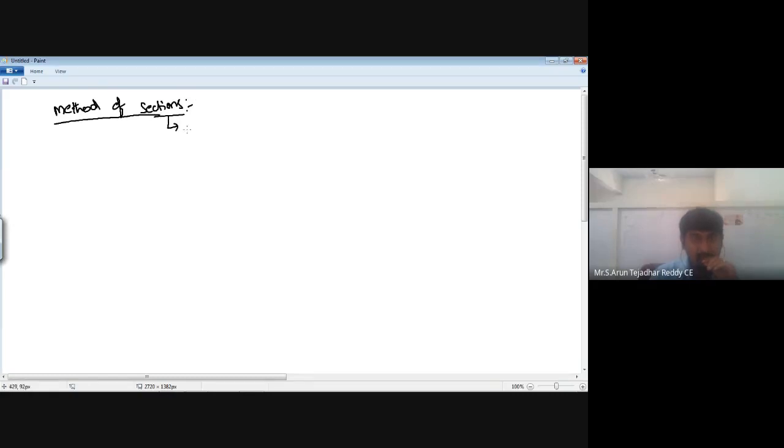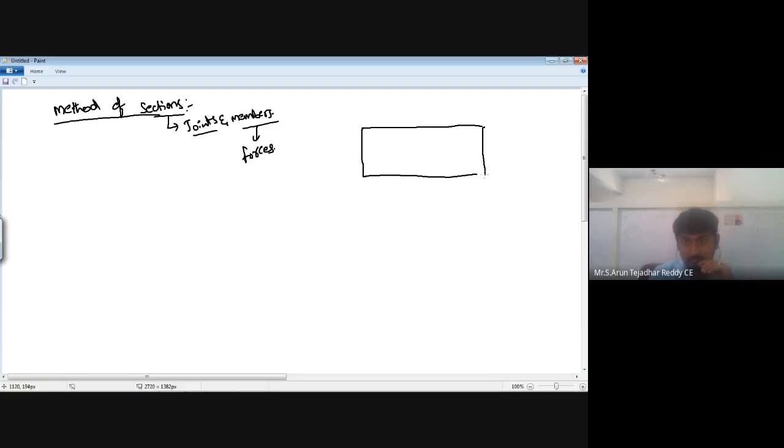Here what is the section? Here the section means it is having joints and members. So one section is having joints and members. So in that section we need to calculate the member forces. First of all, I'll draw one section.